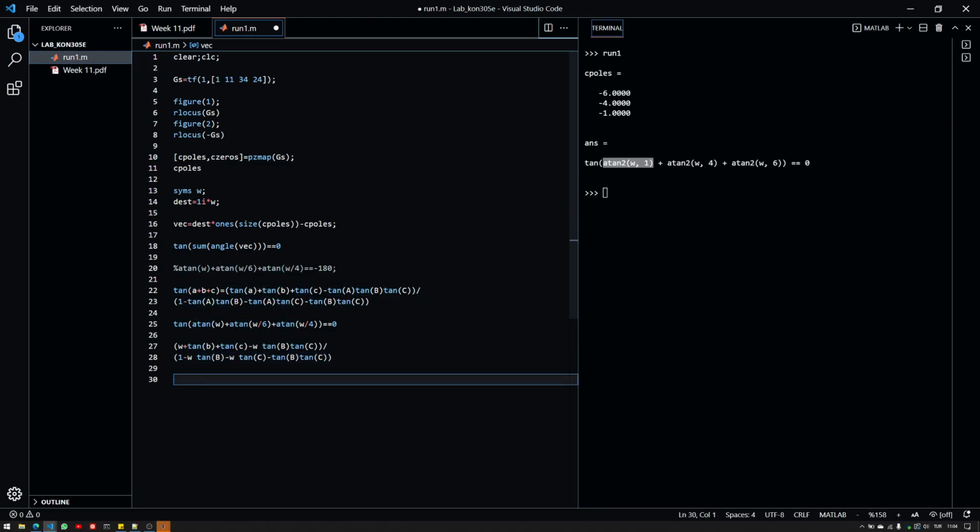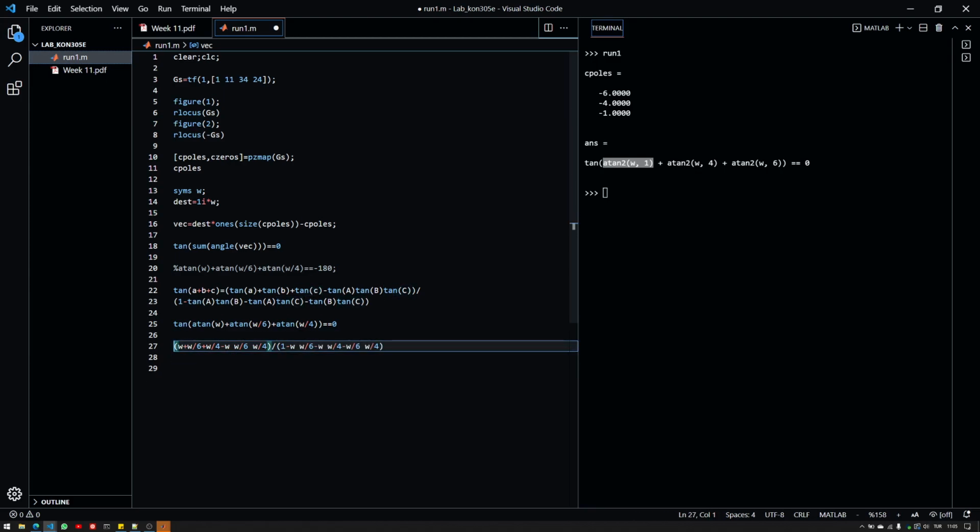And then we have omega divided by 6, which should be B, tan B. And then this one here, now we have omega divided by 4 instead of C. Now we have converted our equation into a simpler equation.